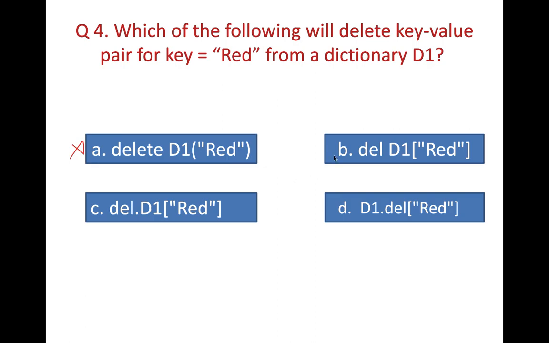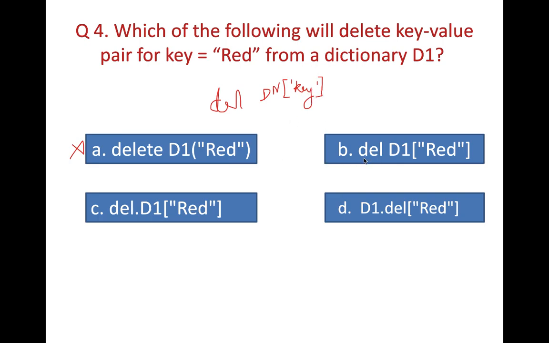Now what was the syntax of del? The syntax was del followed by the dictionary name, and then within the square bracket we need to specify the key which is to be deleted. Now let us see which option follows this syntax.